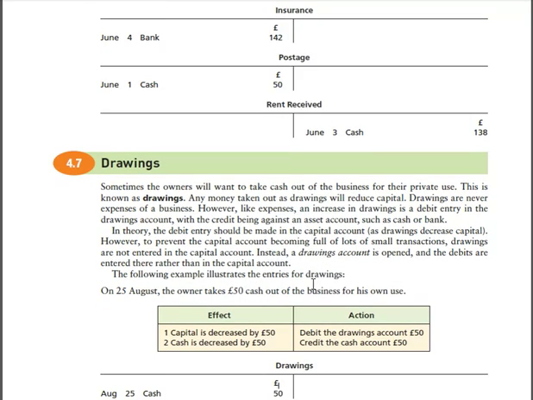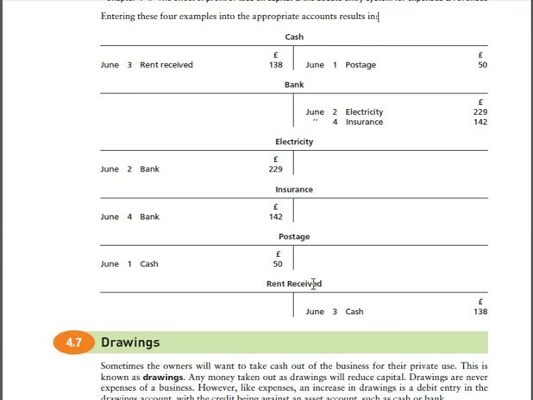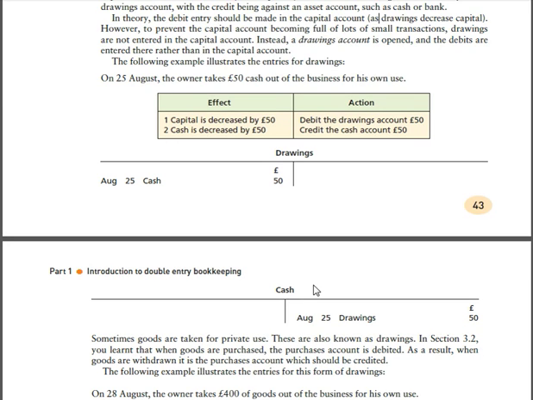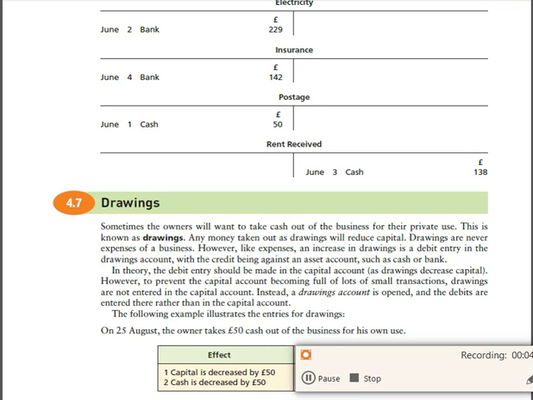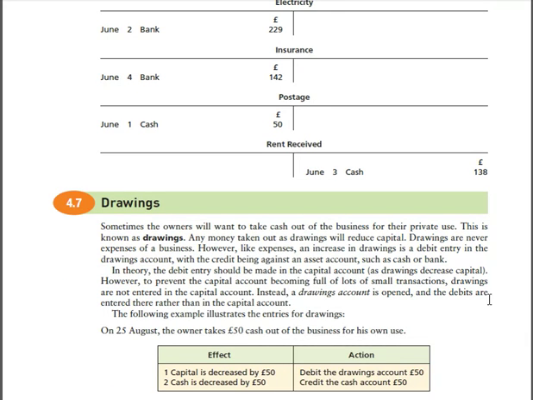The last aspect that we would like to discuss is drawings. What is drawings? We learned what capital was: capital is any investment or cash injection made by the owner into the business.